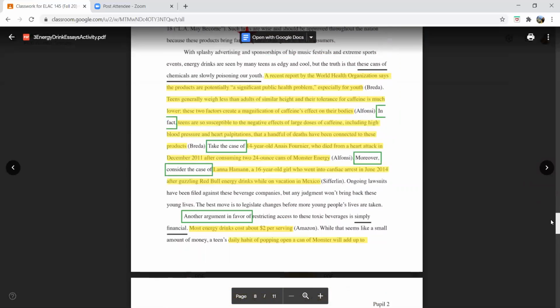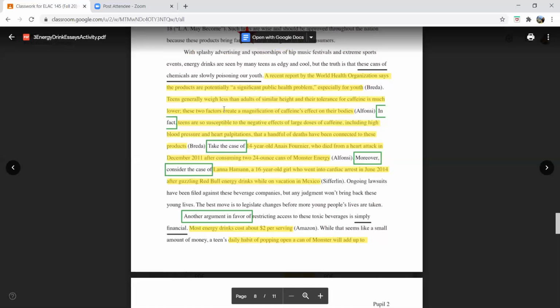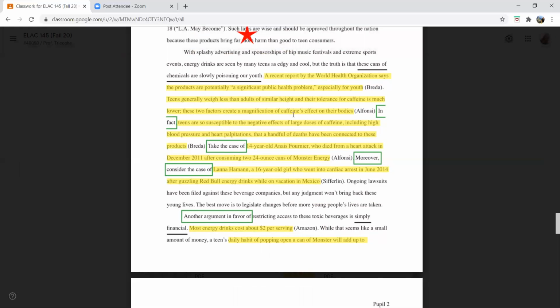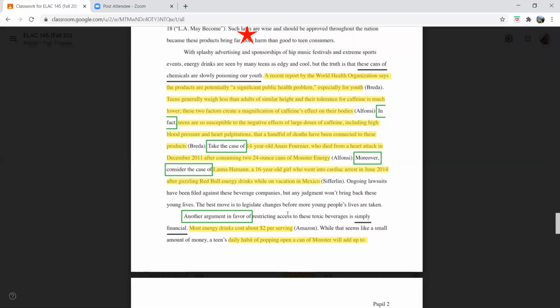These transition words are the sentence templates, as we call them in They Say, I Say. In fact, boom, and then a quote. Take the case of, quote. Moreover, consider the case of, example, that's a quote. Another argument is, boom.